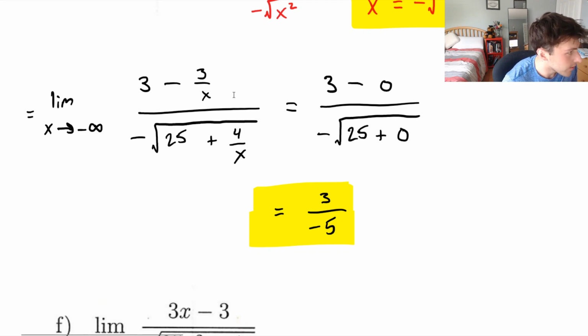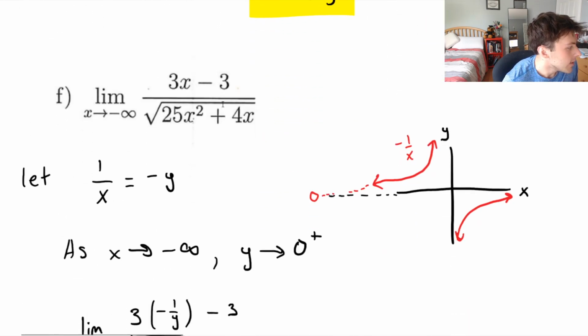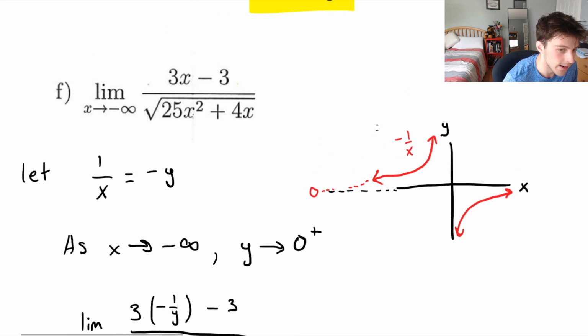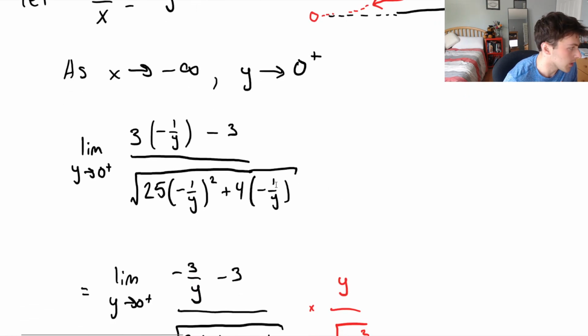If you don't have any confidence that you're going to do this correctly, then let's do a quick substitution. We can choose 1 over x to be equal to -y. And the reason that we did that was because as x approaches -infinity, y approaches a positive value, or 0 from the positive side, right? And we sketched that out with a quick little graph there, right? Just for extra clarity.